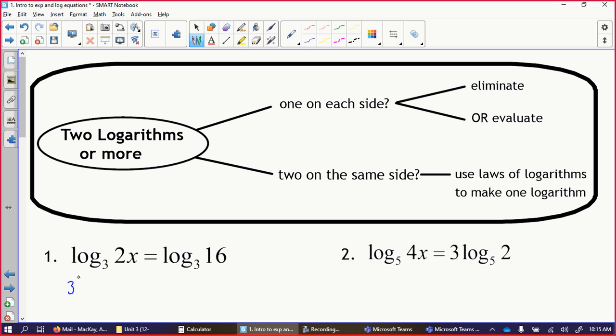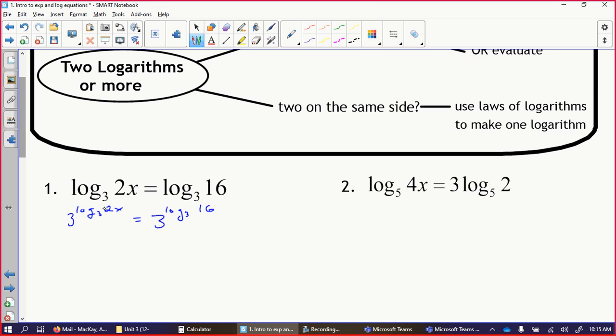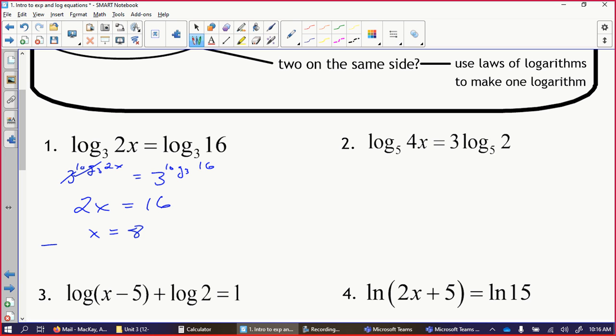We're taking the anti-log, or 3 to the power of log base 3 of 2x equals 3 to the power of log base 3 of 16. 3 to the power of log base 3 goes away. So we're left with 2x equals 16. X equals 8.